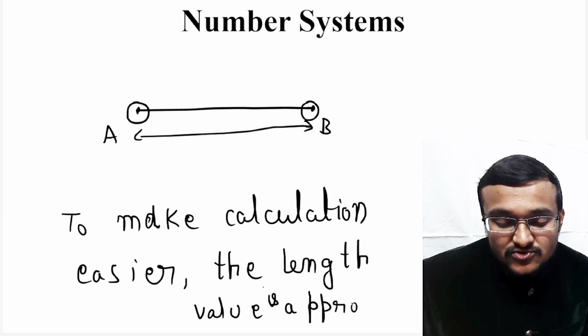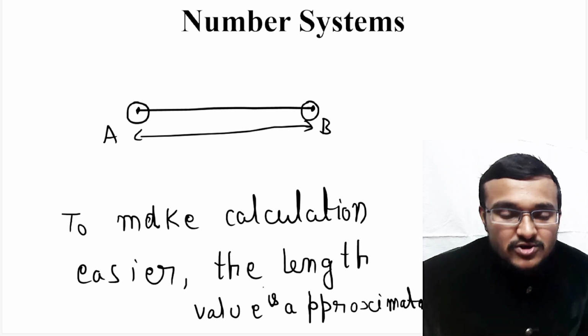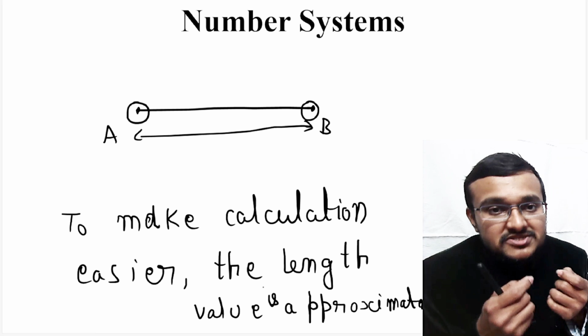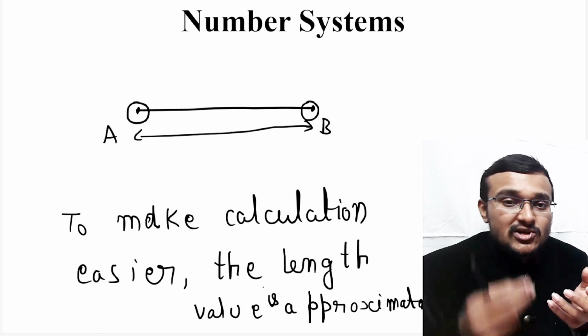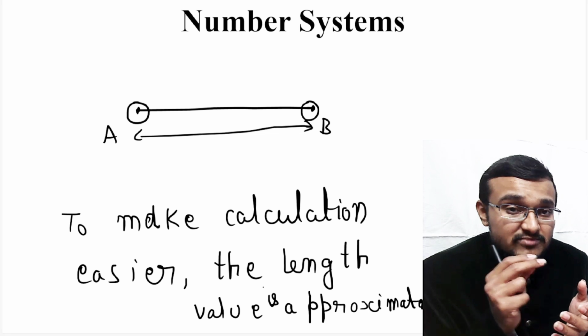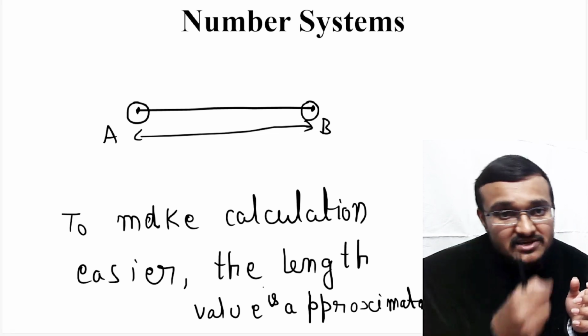Whatever length you are measuring using your ruler scale will give you some approximate length. It will not give you the exact length of that particular diameter or of that particular circle.